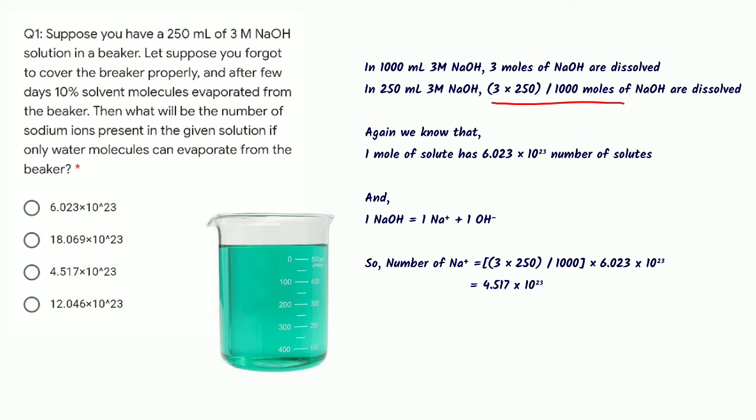Again, they said that water is going to evaporate, but the sodium positive ions are not going to evaporate, because solids remain the same. Solids are not going to evaporate. So after evaporation of that 10% solvent, the number of moles of sodium positive will also be 3/1000 into 250 moles.